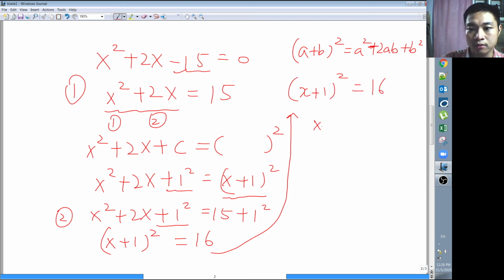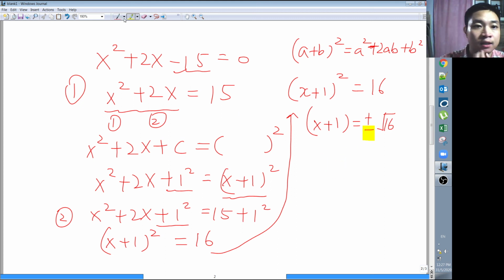This means your x + 1 is equal to plus and minus square root 16. Please take note here, a lot of students miss out the minus square root 16. So just to caution you, you need to consider the negative square root 16 as well.